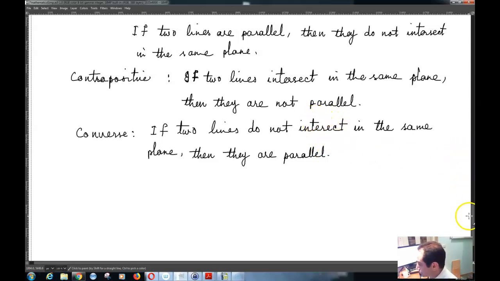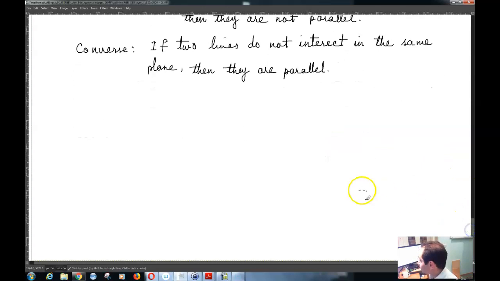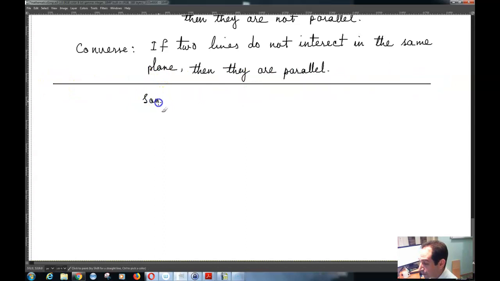Okay. So the next example that we have is something is cold implies that it has low temperature.